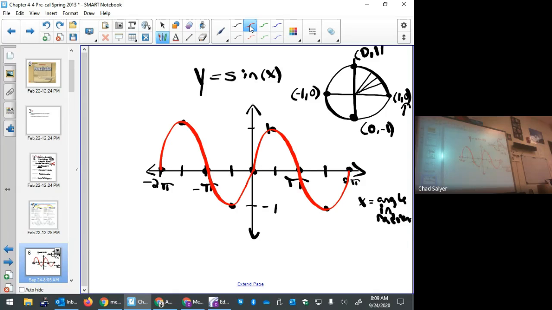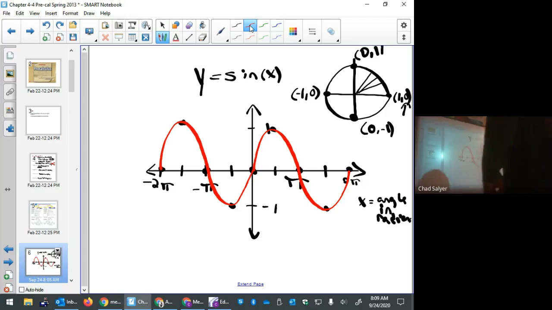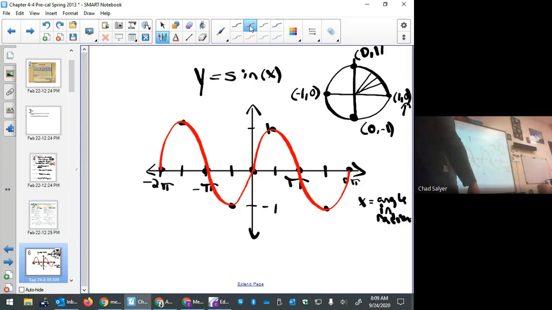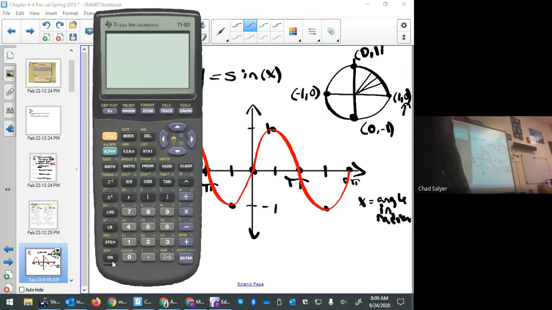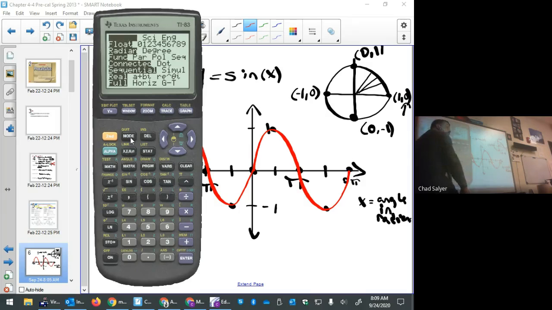A logical question presents itself here. Can my calculator do this? Yes. It's fun to do it by hand, so I don't know why you would avoid such a fun exercise, but if for some reason you wanted to, you can put in sine of x, but you have to be careful that a few things are true. First of all, your mode has to be in radians.